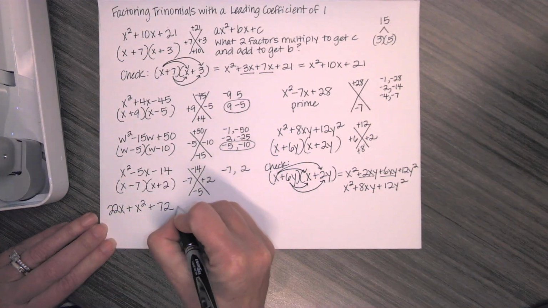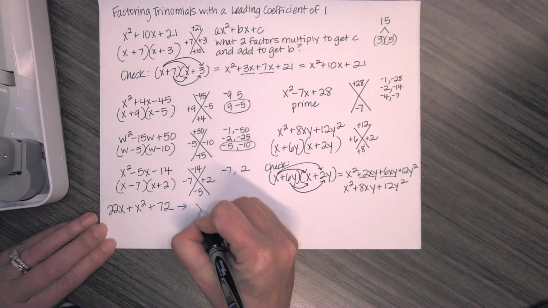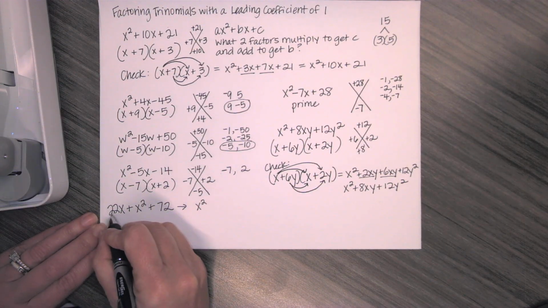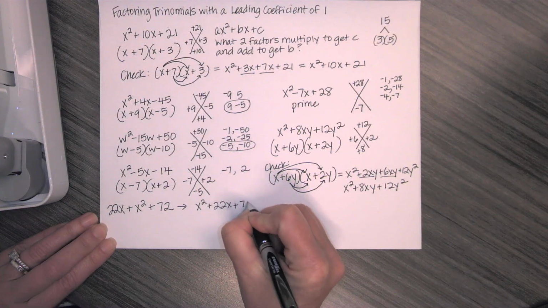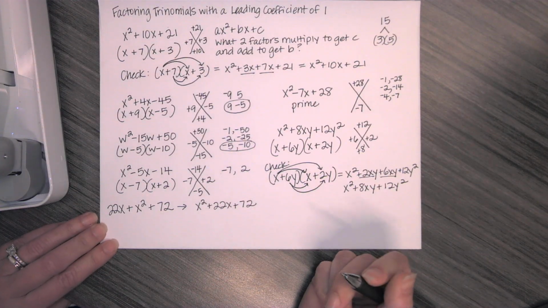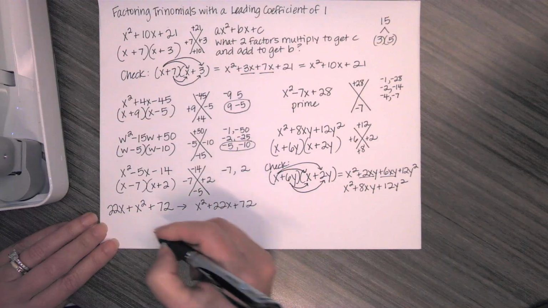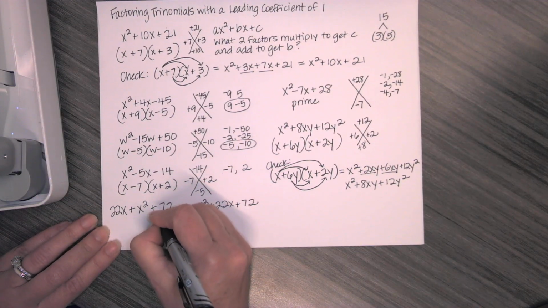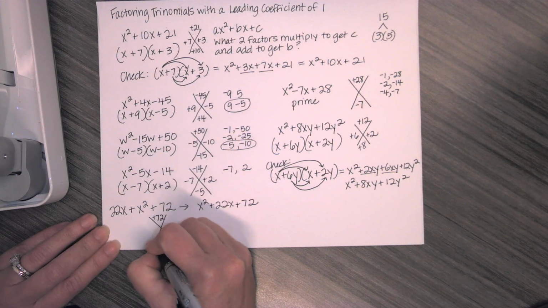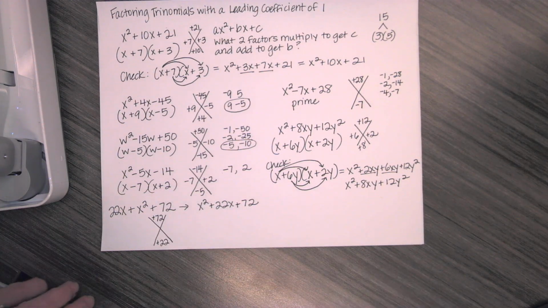So we want to rewrite this with the x squared term first, and then the x term, and then the constant, so plus 72. And then once you have it rewritten, we can look for our factors of positive 72 that add to get 22.